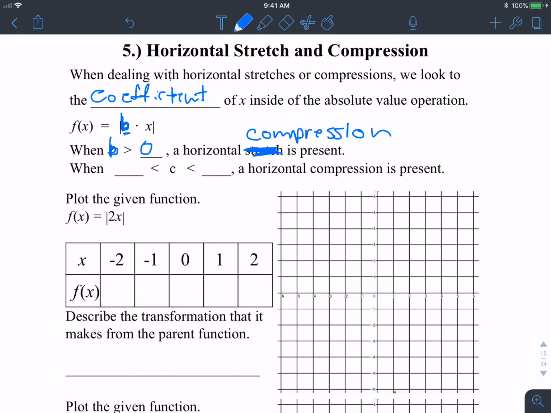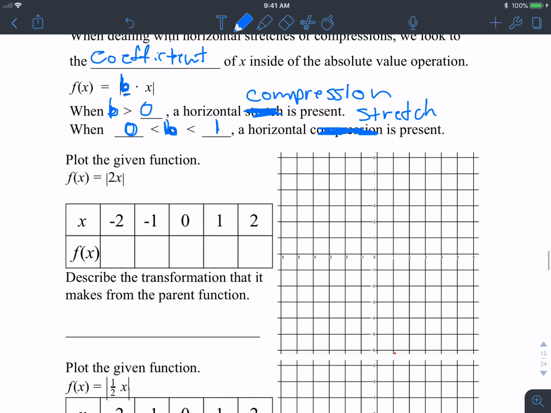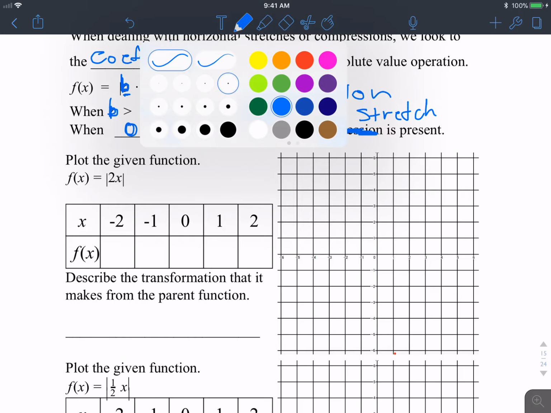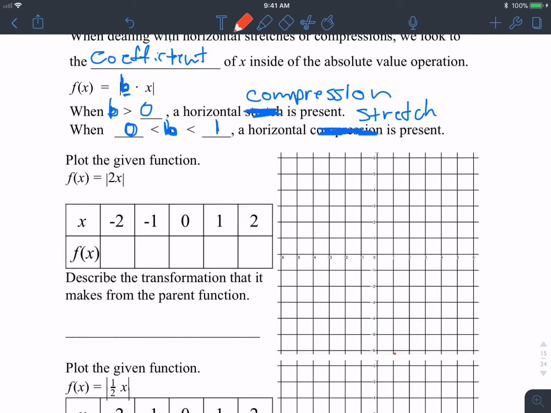And when that constant B is between 0 and 1 for horizontals, it's actually a stretch. So we come down here and we plot on this graph. To explore this, let's start by plotting our parent function, as we always do.